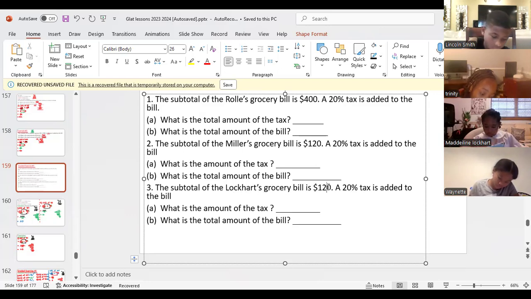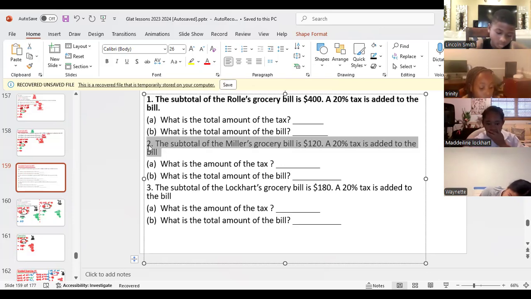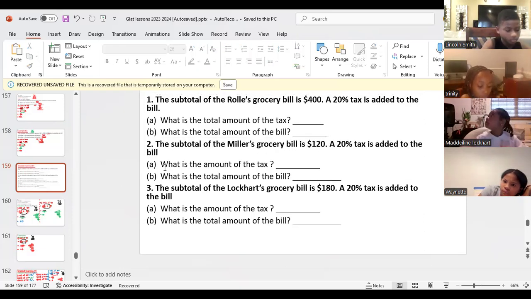Now says you say 180. 20% tax is added. What is the total amount of the bill? Go ahead.